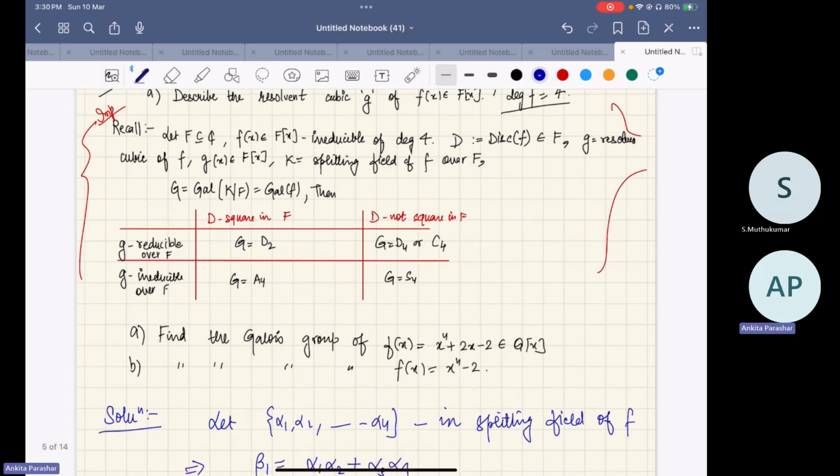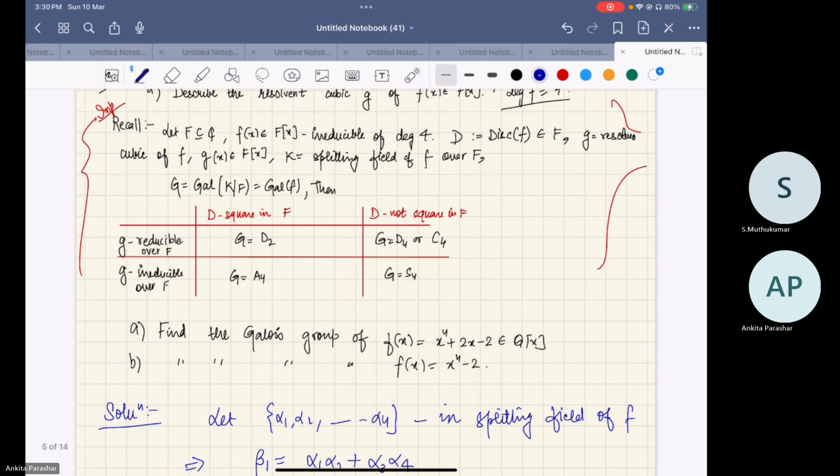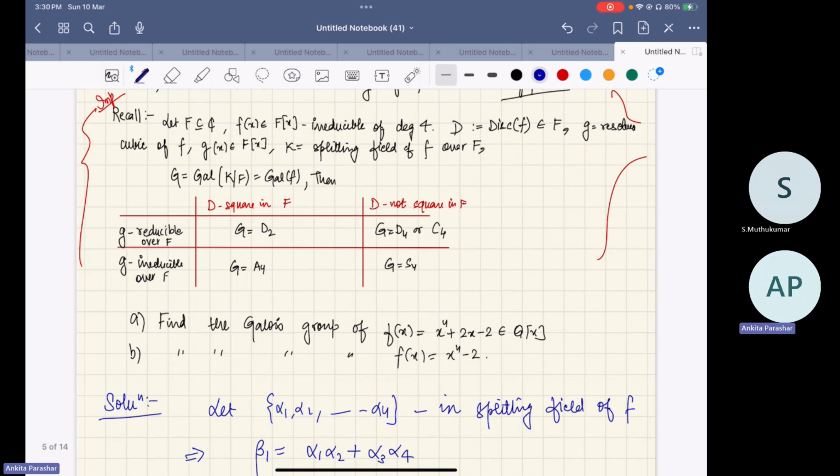Okay, now suppose we understand this. The question is: find the Galois group of the polynomial x^4 + 2x - 2 over Q[x].